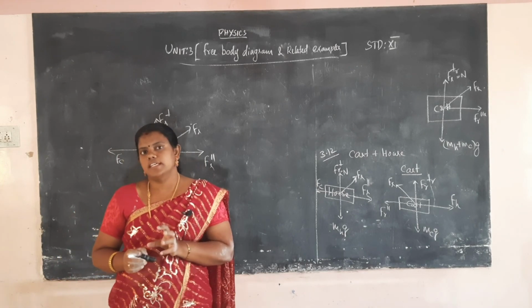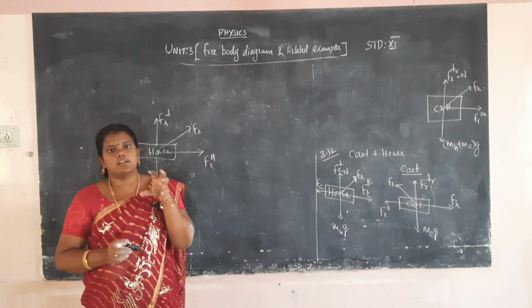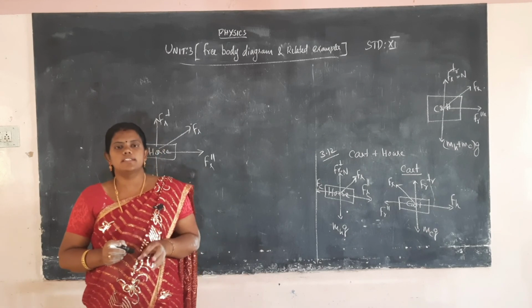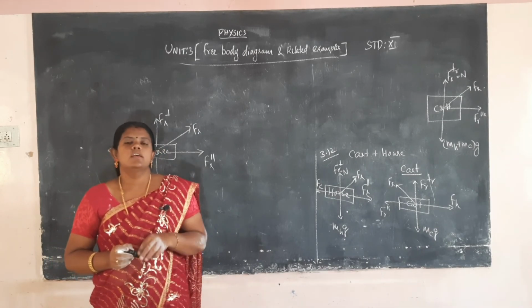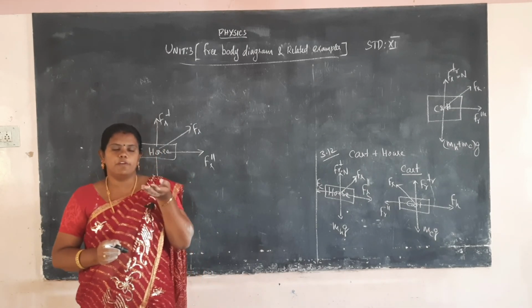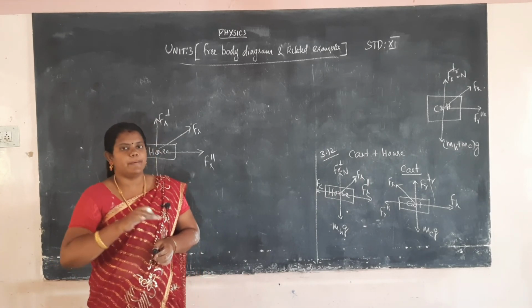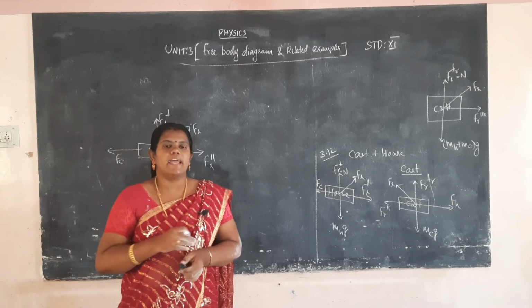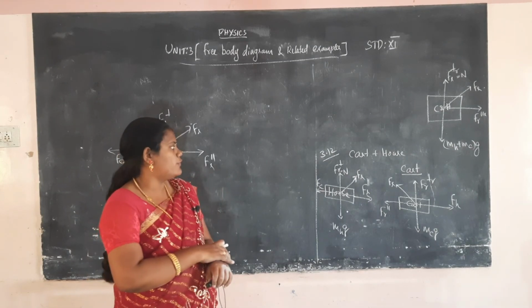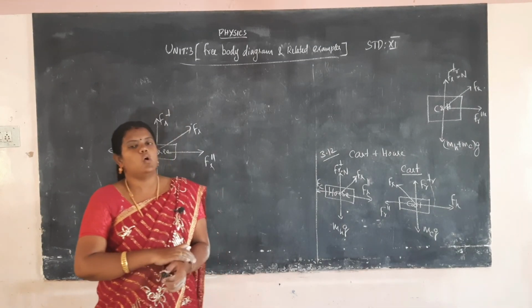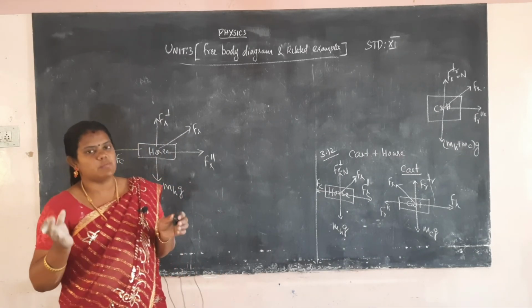First we decide the cart system and then the horse system. For the horse, we consider the cart giving a downward force, and the road giving an upward force, and the road force is resolved into two components, parallel and perpendicular. The perpendicular component acts opposite to the downward force, and the cart also you consider, and the complete system also.